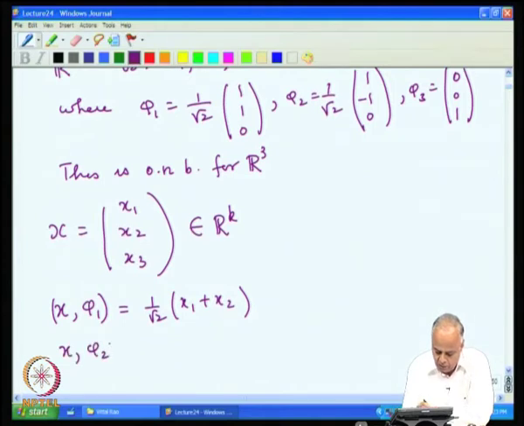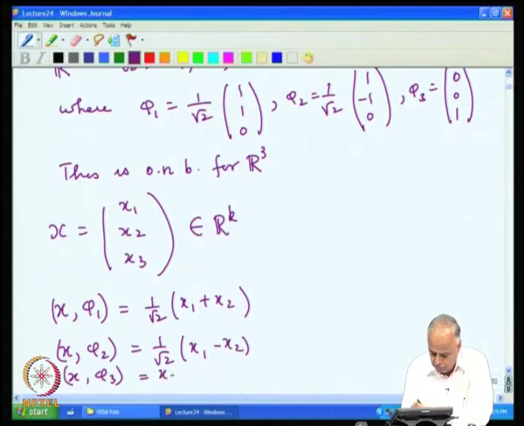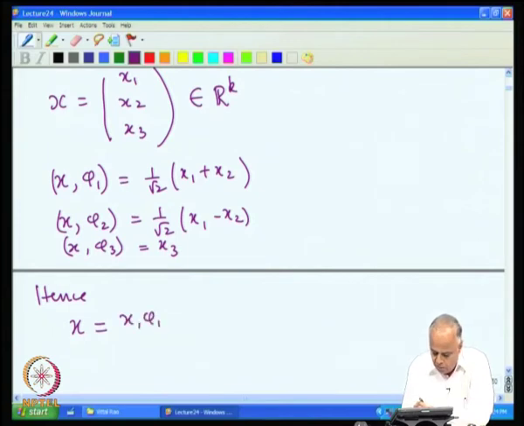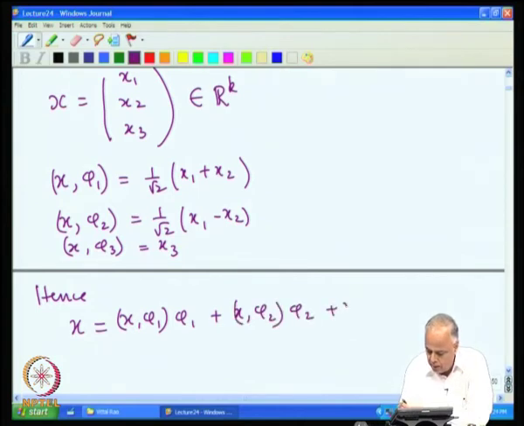Similarly, x comma phi 2 is 1 by square root of 2 into x 1 minus x 2, and x comma phi 3 is x 3. So, we have these three Fourier coefficients, hence x must be equal to x comma phi 1 phi 1 plus x comma phi 2 phi 2 plus x comma phi 3 phi 3.